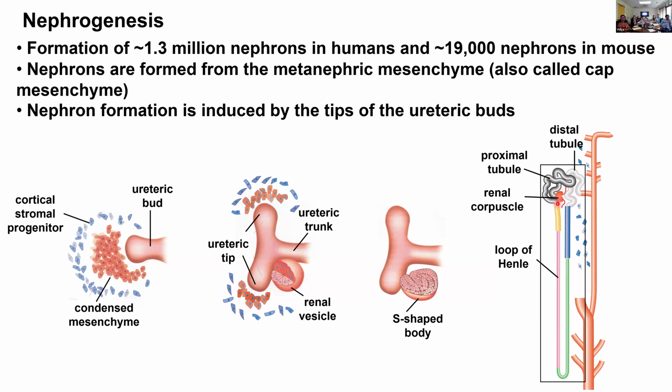The epithelial component of the renal corpuscle actually comes from this proximal-most part of the S-shaped body. And then from there, the proximal tubule will be right next to here, in the S-shaped body, and it will give rise to the proximal tubule.